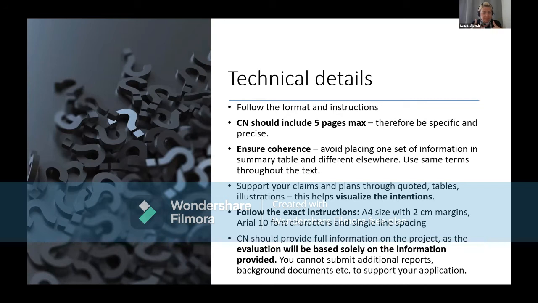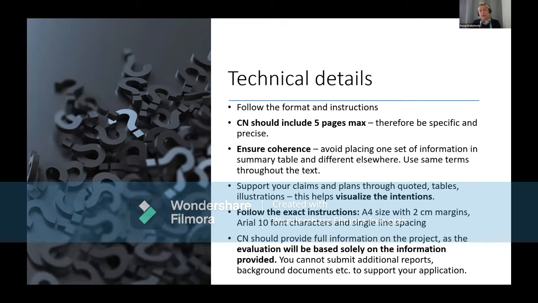Of course, there are some sections that you need to follow and respect, but with regards to some general recommendations, you should ensure coherence. Each time you change information that you have put, for example, in the summary table or elsewhere, you need to adjust it.